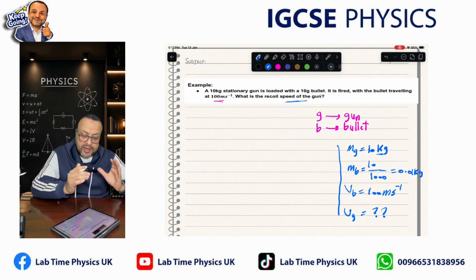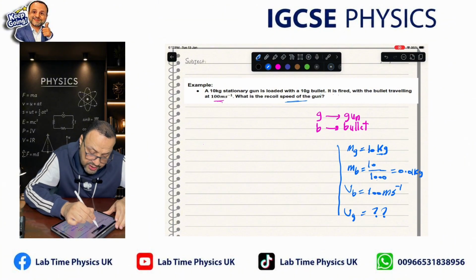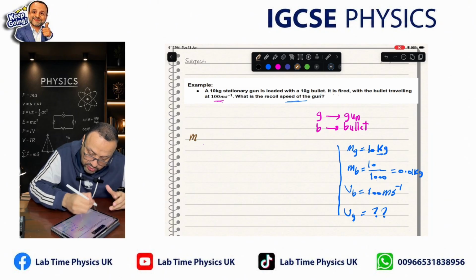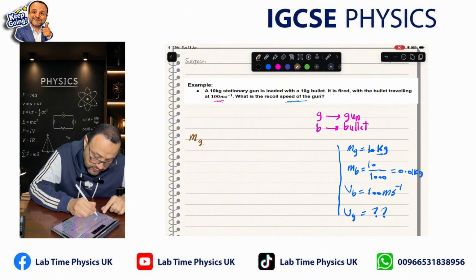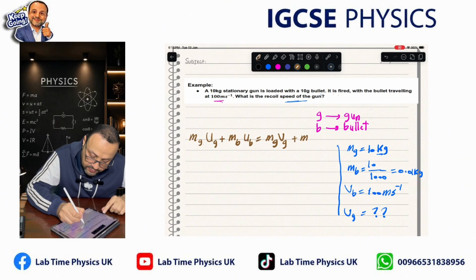Just as I said, the total momentum before collisions equals the total momentum after collisions. So this means that, writing G for gun and B for bullet, mg UG plus MB UB equals mg VG plus MB VB.